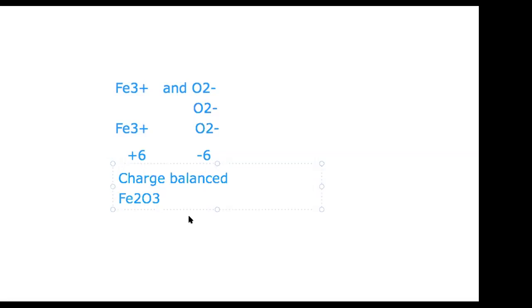And the easiest way to do this is to look at the charge on my metal, the positive charge, and make that the number of the anion I have. So this is a 3+, so I'm going to use 3 oxygens. And then I'm going to have the charge on my oxygen and use that for my number of iron. So the oxygen was a 2-, so we're going to use 2 irons.